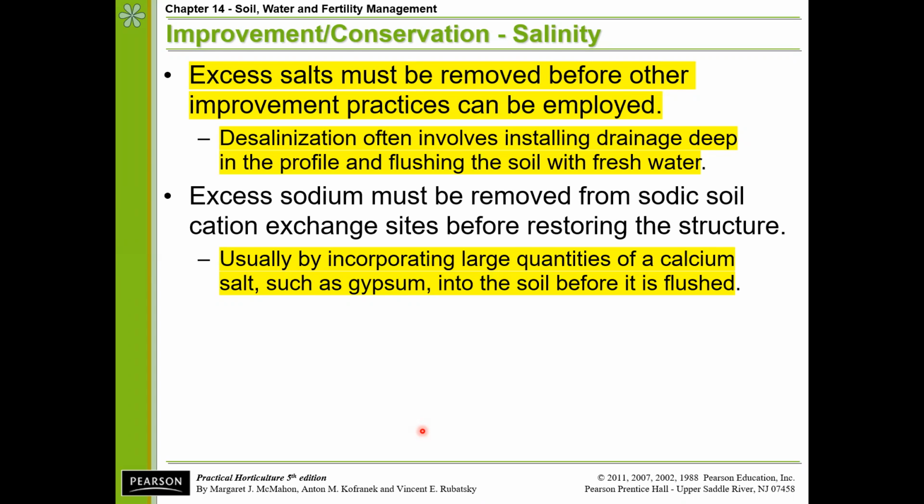There are a couple other things that we could do to try to change the way that works in the soil. And one way, if we're talking about sodium in general, sodium being the element Na, and Na can make other elements not available.